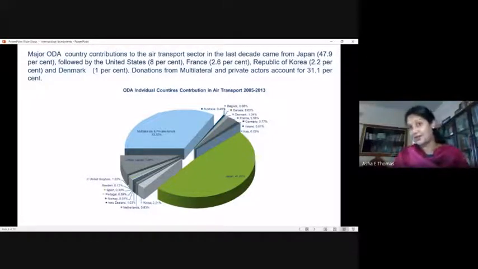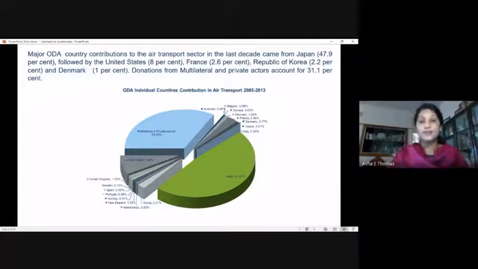The main contribution was made by Japan, 47.85% under the ODA category, followed by multilaterals and private donors. Individuals and business groups can all donate to the ODA countries.